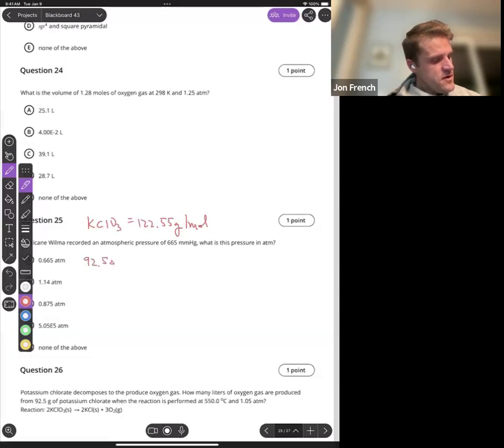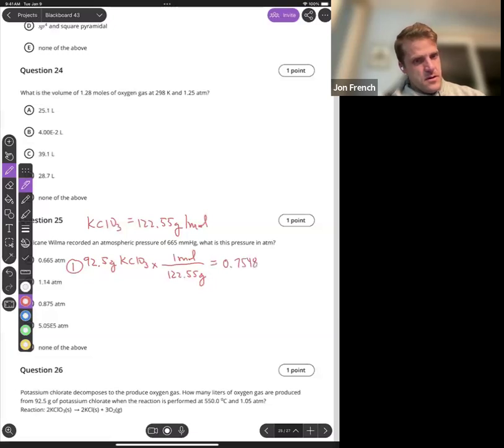Someone tell me if that molar mass is wrong. We've got to find moles first, moles of our solid. So 92.5 divided by 122.55, 0.754 moles of potassium chlorate.